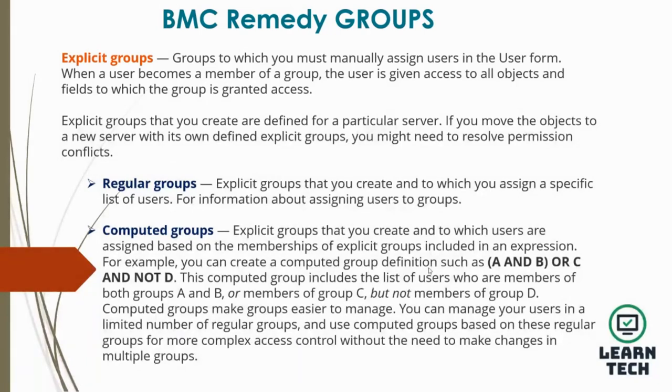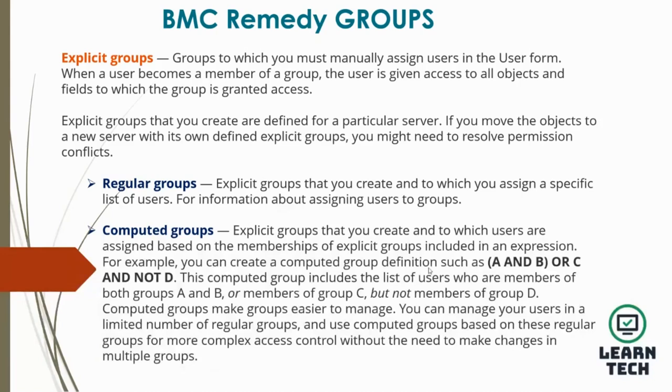Then I can create a computed group where I need people only from A and B, for example group AB, and in the qualification, I will mention people from A and B. That means somebody who is part of A will automatically be part of this computed group.